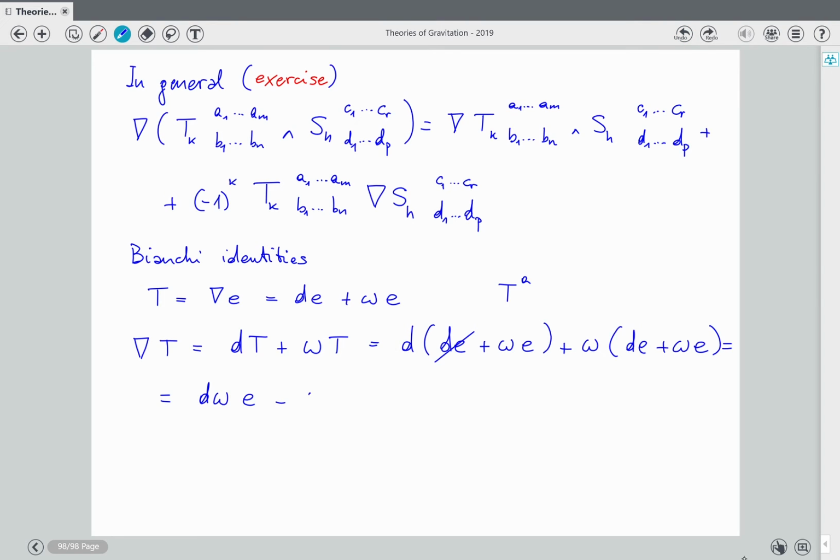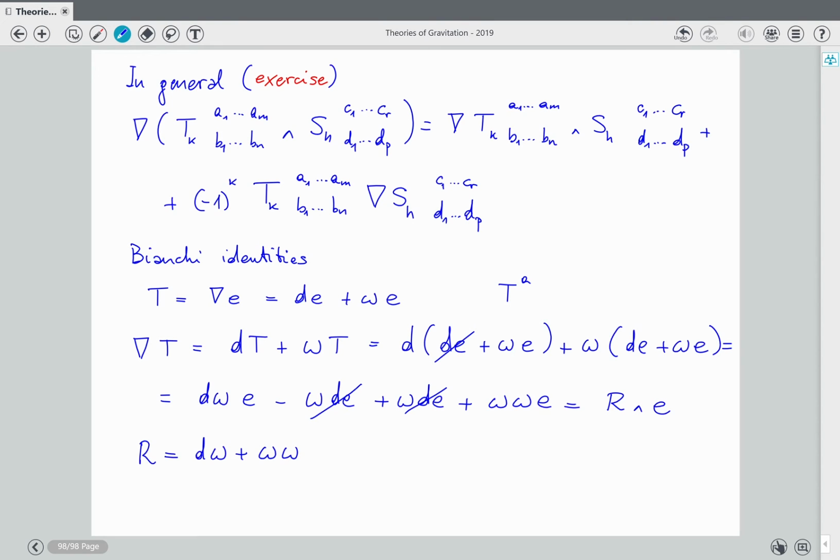So here you have a minus sign omega dE plus omega dE plus omega omega E. So these two objects disappear, and then you collect E, and you see that what you factorize is the curvature d omega plus omega omega. So the first Bianchi identity is this. The covariant derivative of the torsion is R wedge E.